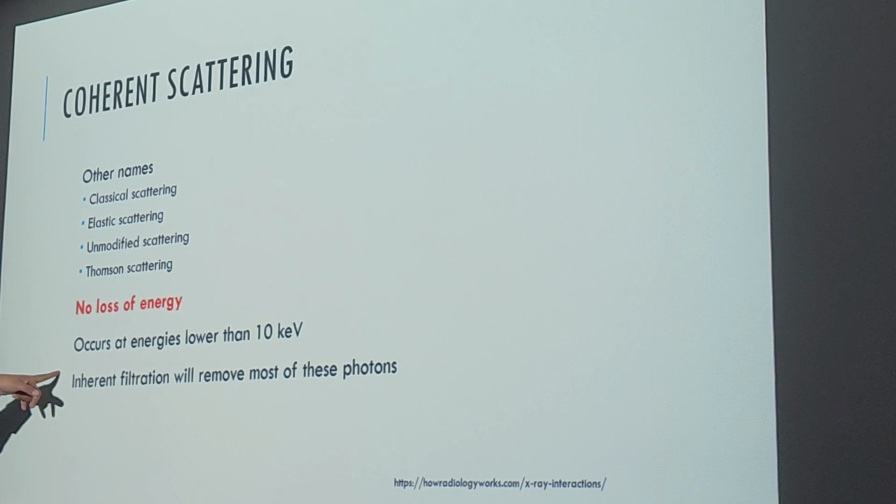What happens to them? They get absorbed because their energy is very low. Most of the time, inherent filtration will remove these photons. If they're not removed, they'll be absorbed, because their energies are very low and they cannot keep going through the patient.